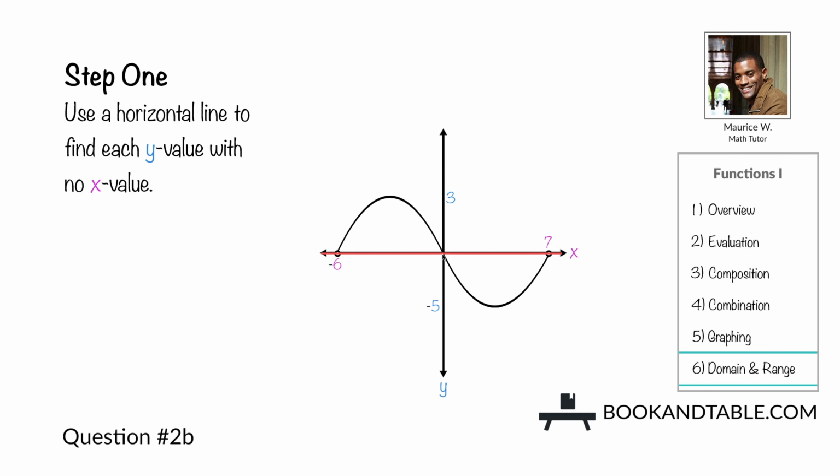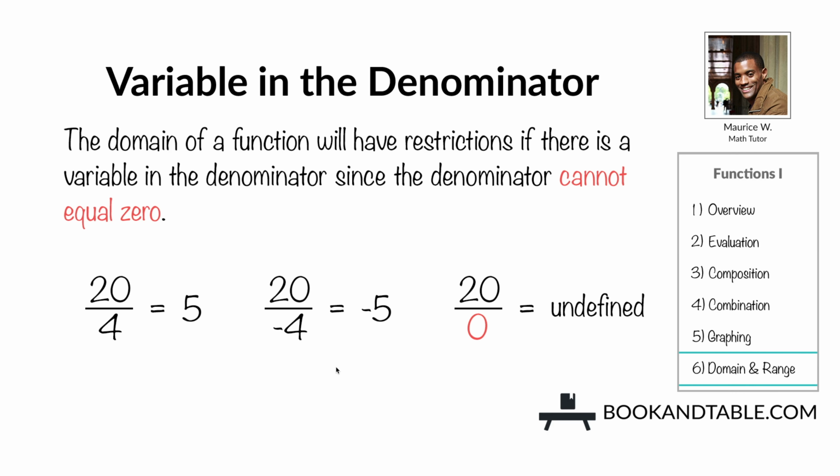We have a value at the origin here. So y values are accounted for between -5 to +3. So we have brackets enclosing -5 and +3. So that is how you would go about finding the domain and range of a function using a graph.